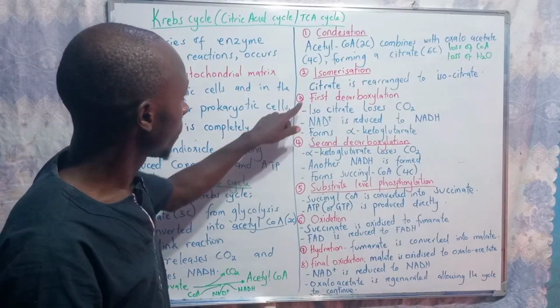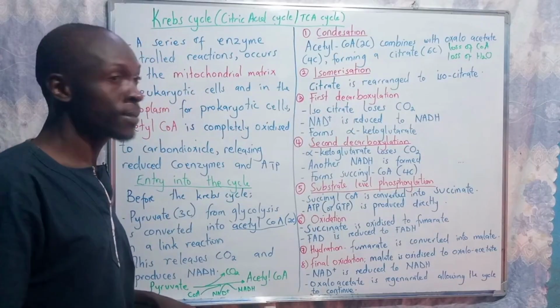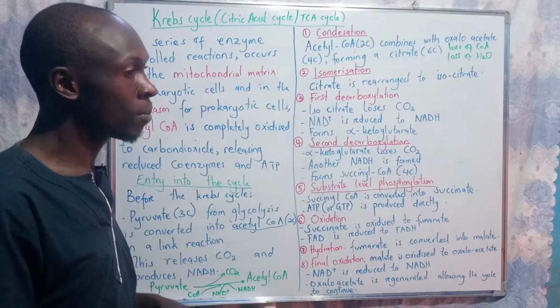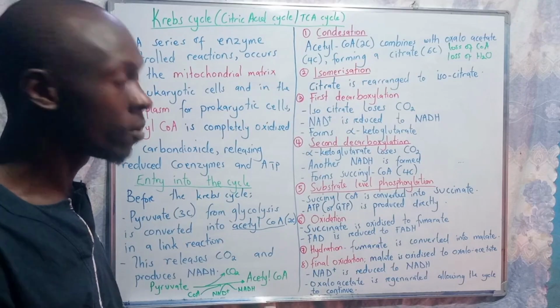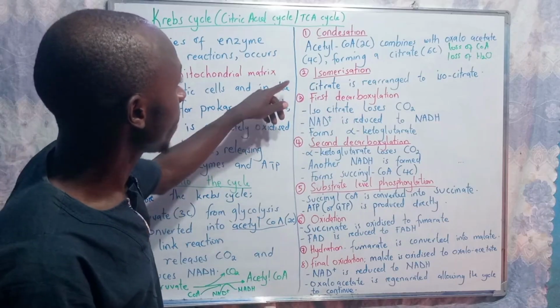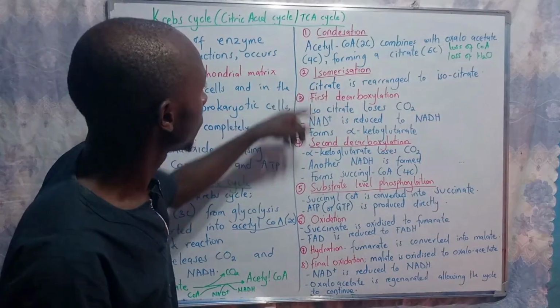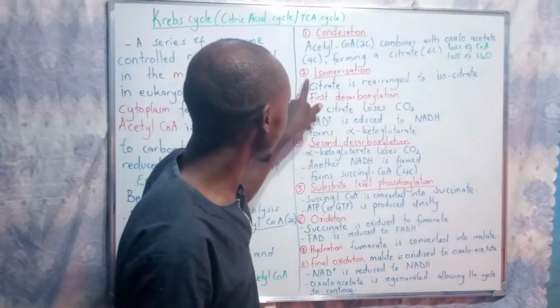So stage number 3, that is the first decarboxylation. The first decarboxylation means that we are removing a carbon atom at that stage. The isocitrate still has 6 carbon atoms. Remember, we just had isomerization taking place here.